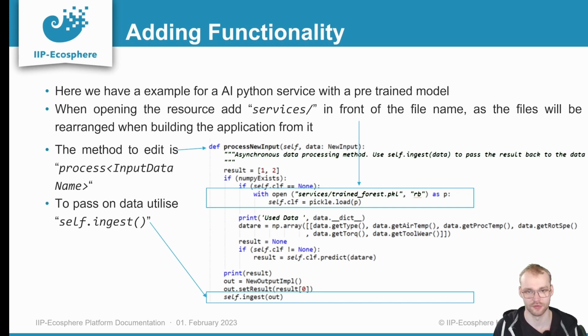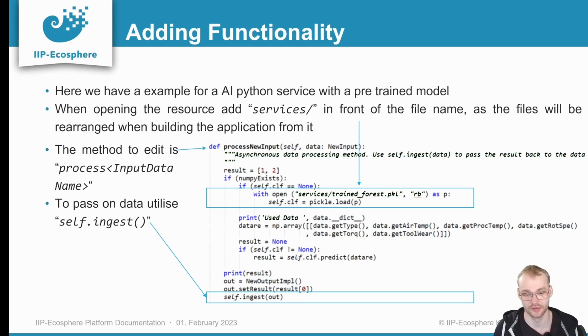And if we want to pass something on, in Python it's just self.ingest, and we input the instance of our new data type. In the code we see here we load our model, set our model as a variable, and then we get our data as a NumPy array, as this is needed to apply our model.